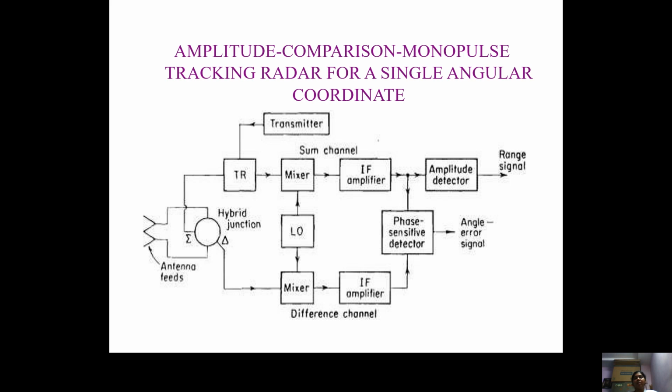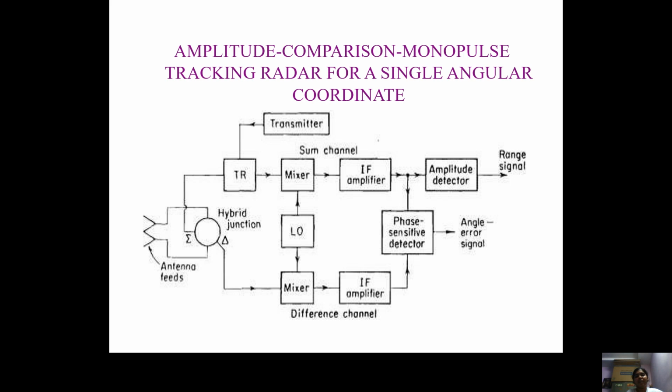In the sum channel, the echo signal is processed to determine the range of the signal. Whereas in the difference channel, it is compared with the difference pattern to produce the angle error. Angle error tells us in what way the antenna should be moved to face the direction of the target.